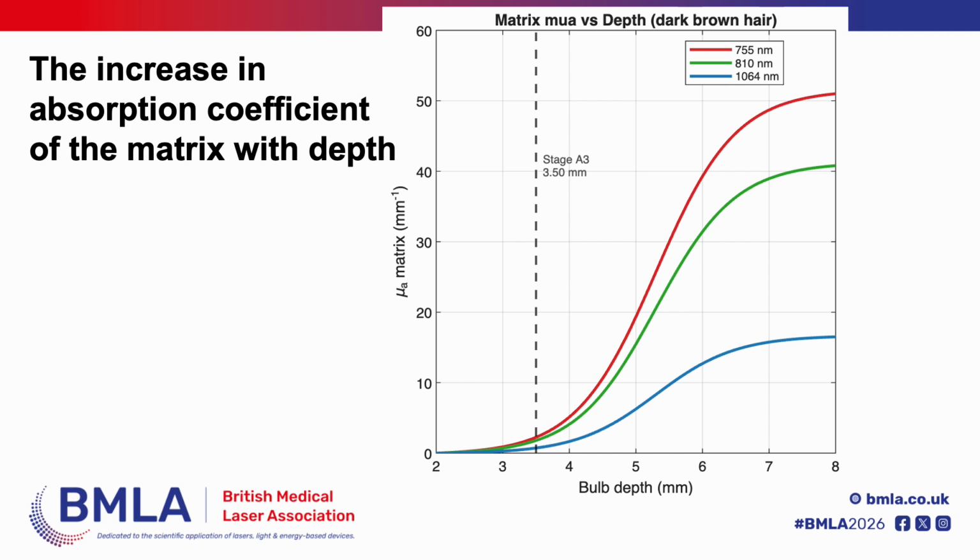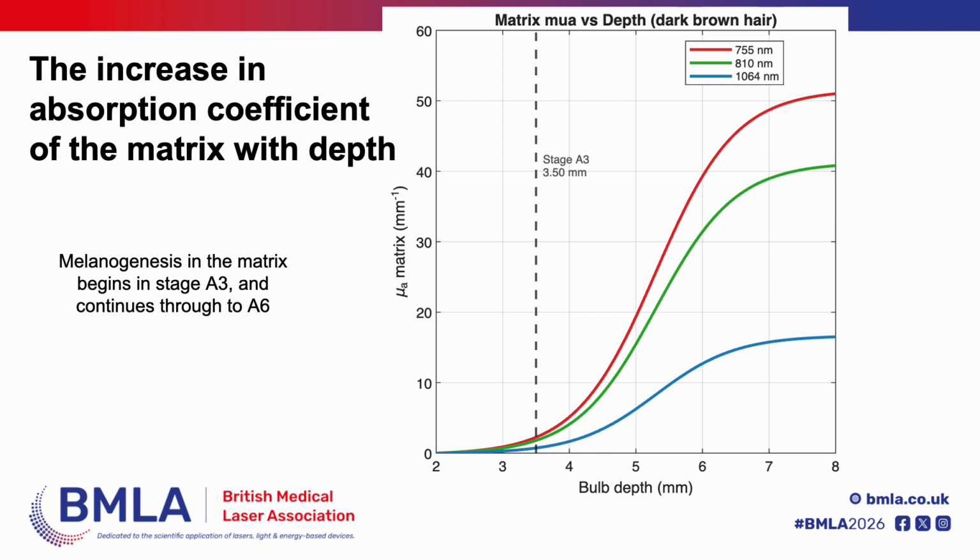As the matrix cells increase in both number and in terms of content of melanosomes, etc., the optical target increases in absorption coefficient, and we can see here that for 3 different wavelengths, 755, 810, and 1064, the absorption increases quite dramatically. At 2 millimeters depth, the bulb or the matrix cells essentially don't exist.